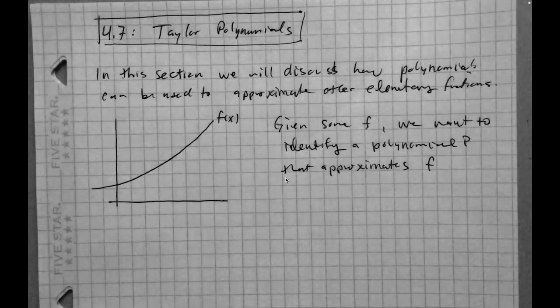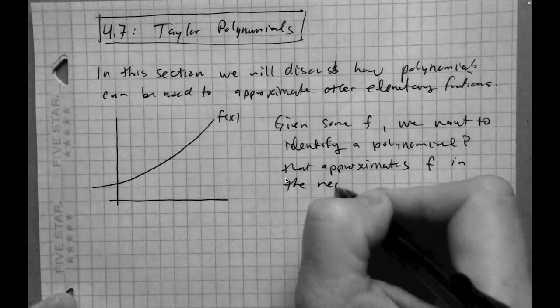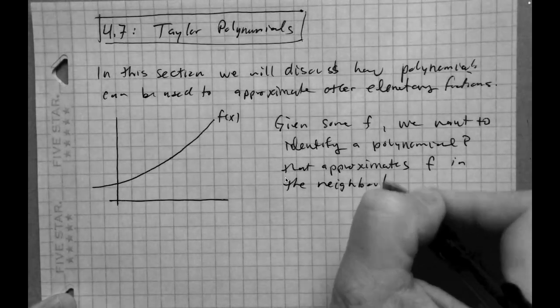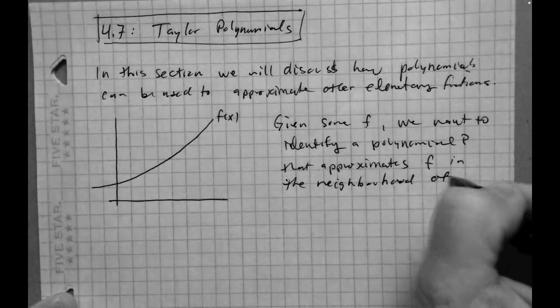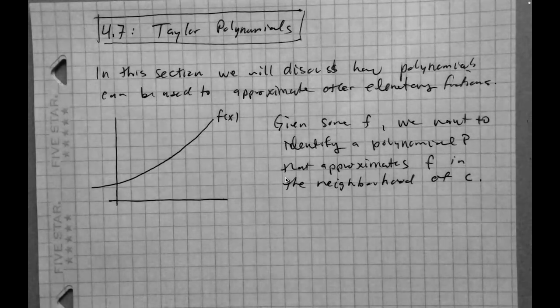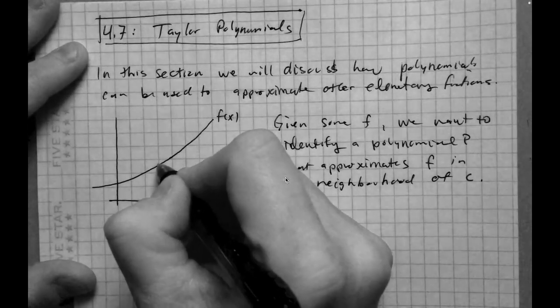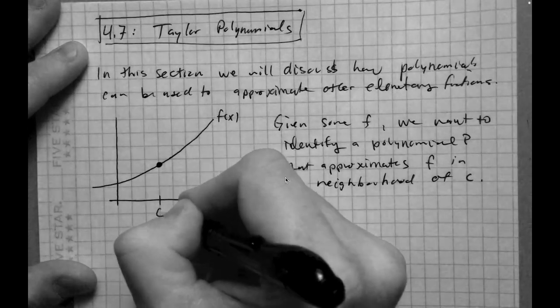The terminology we're going to use here is kind of loose, but we want our polynomial p to approximate f in the neighborhood of c, c just being whatever number we choose. Let's say c is here.